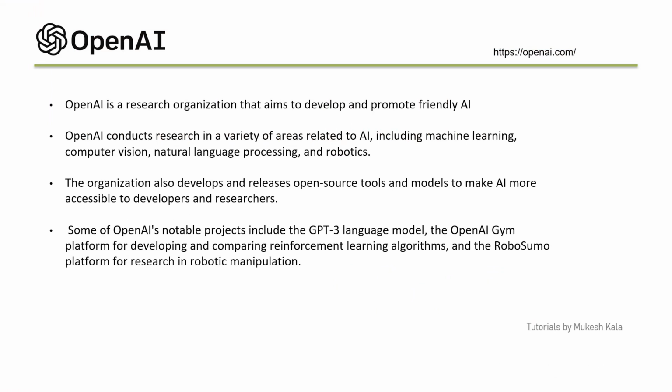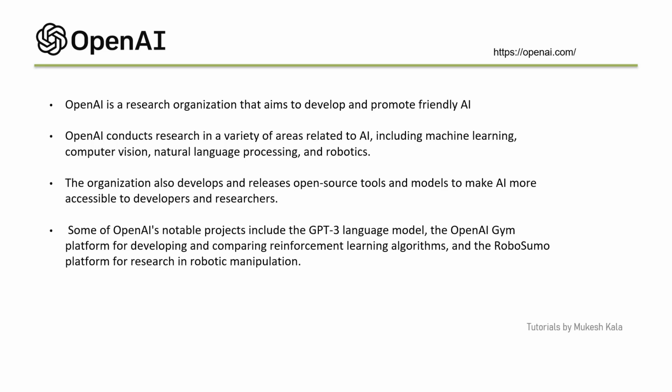Okay, so that was a quick demonstration of the model which we are going to utilize today. Before directly jumping to the code, I quickly want to tell you about OpenAI. OpenAI is a research organization that aims to develop and promote user-friendly AI. It conducts research in a variety of areas that includes ML, computer vision, NLP, and robotics.